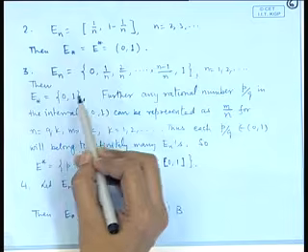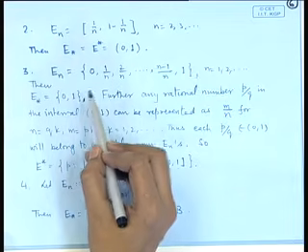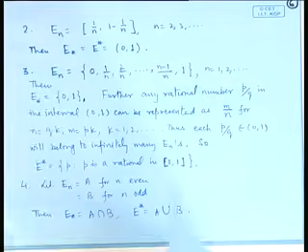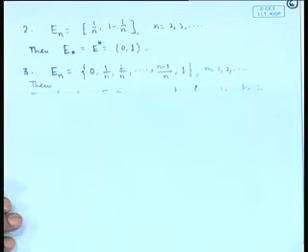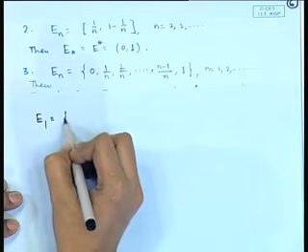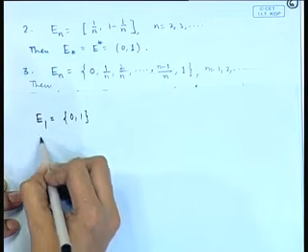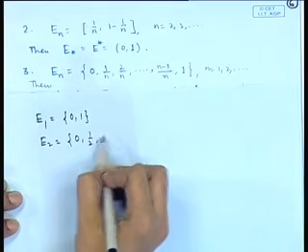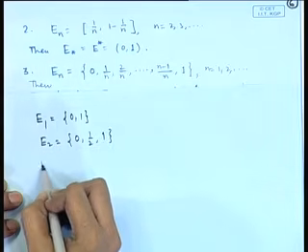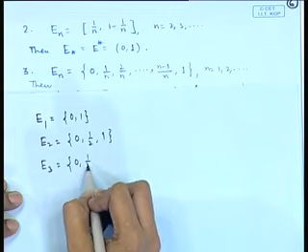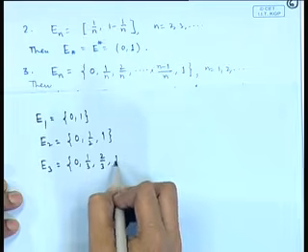This sequence can be explained like this: if we consider E1, then it is the set 0, 1. If we consider E2, then it is the set 0, 1 by 2, 1. If we consider the set E3, then it is equal to 0, 1 by 3, 2 by 3, 1.